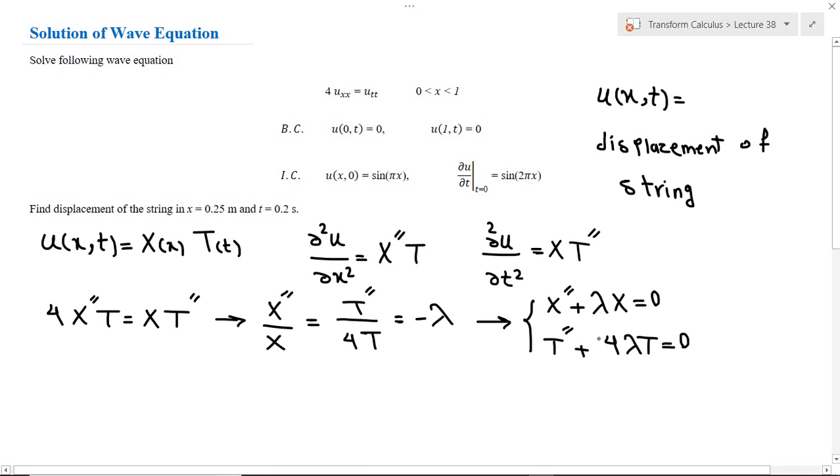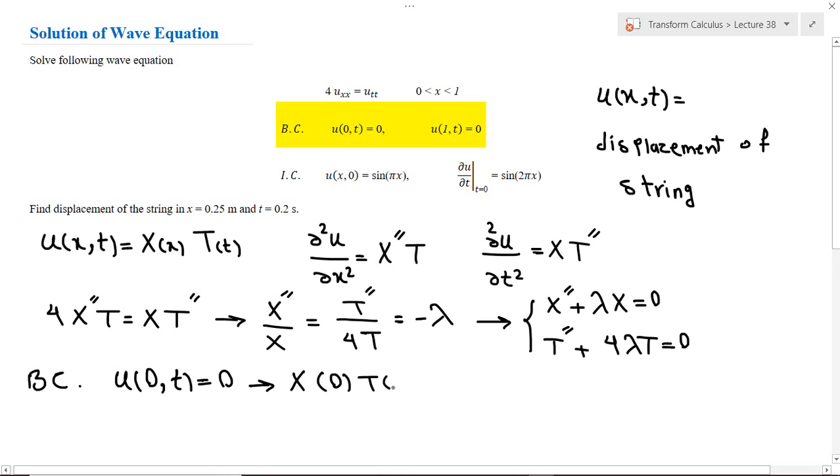The next step, we have to go through the boundary conditions. The first boundary condition says that u of 0 and t is equal to 0. So u of 0 and t is X of 0 times T of t. It should be equal to 0. We know that T of t cannot be equal to 0 because we're going to end up with trivial solution.